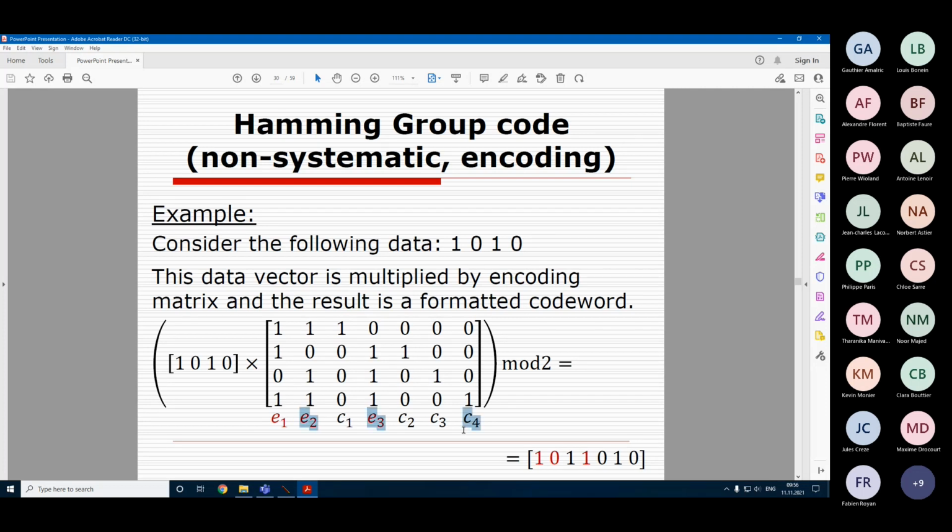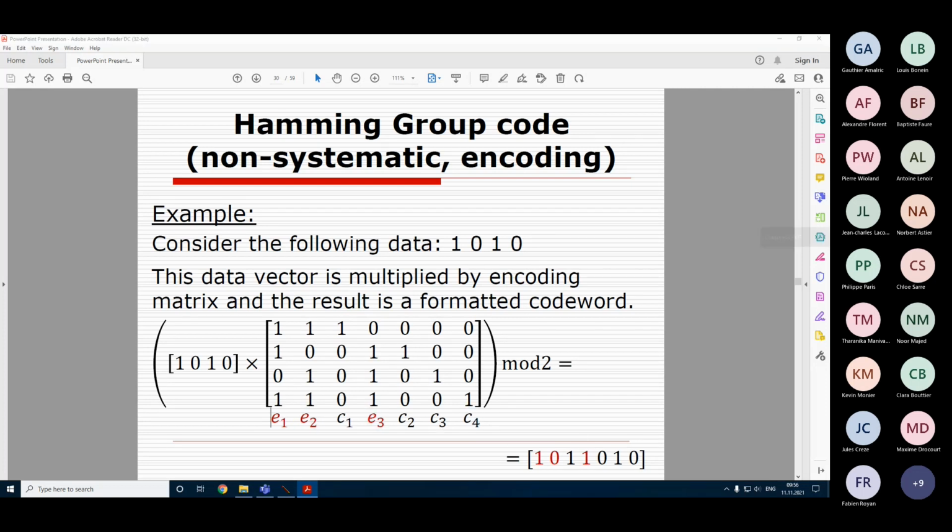We have designed this code word. The next thing we are going to do is send this code into the channel. Then because of the noise, we will have an error somewhere here. Now our task is to locate and correct this error by using the decoder device.